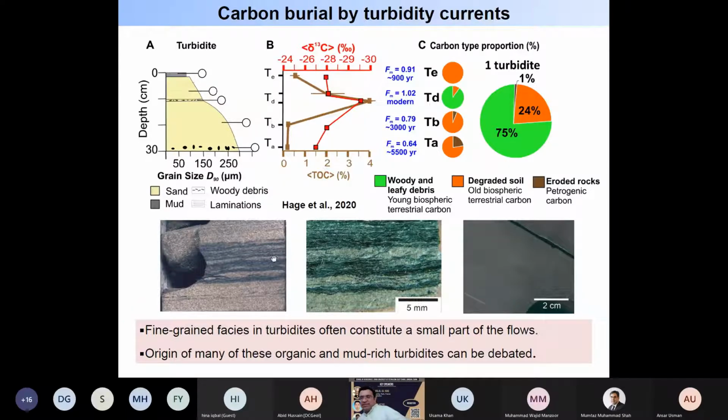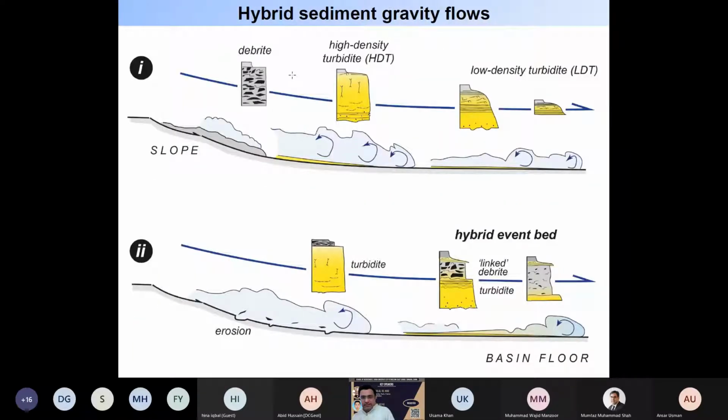But the problem is that these fine-grained divisions represent a small part of the turbidity currents. And there is still some ongoing debate about the origin of these beds, whether they are really turbidity currents or some sort of matrix-rich or hybrid beds.